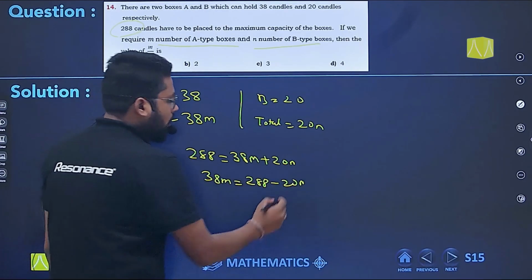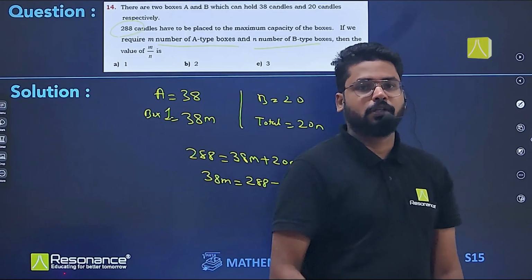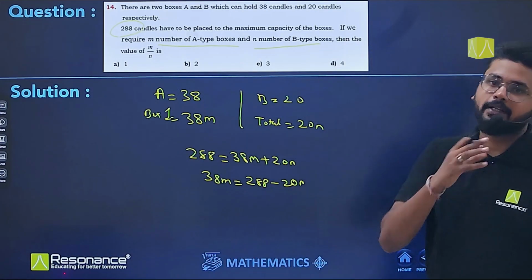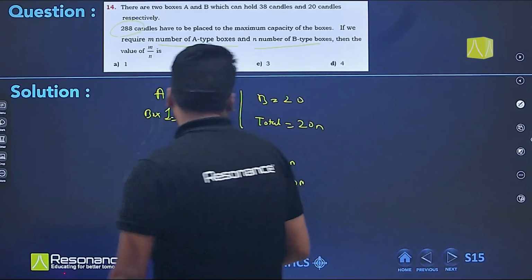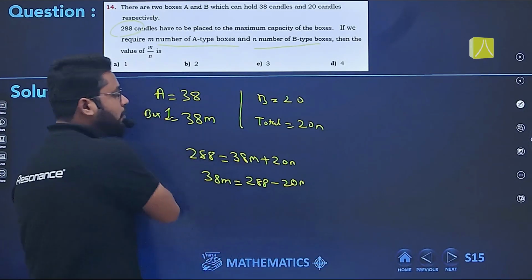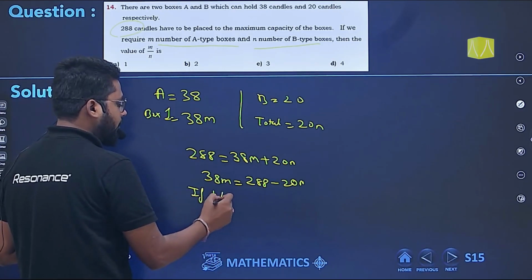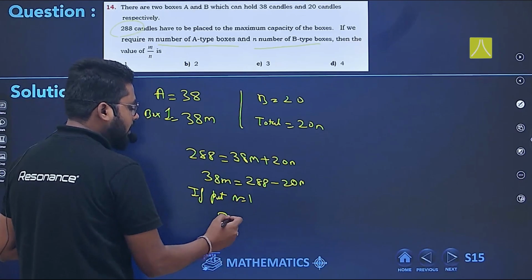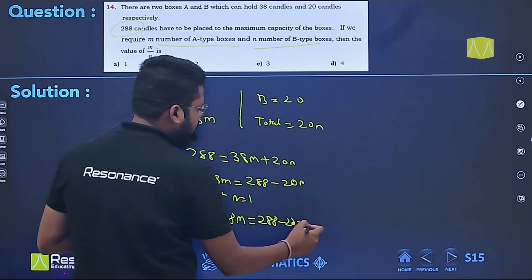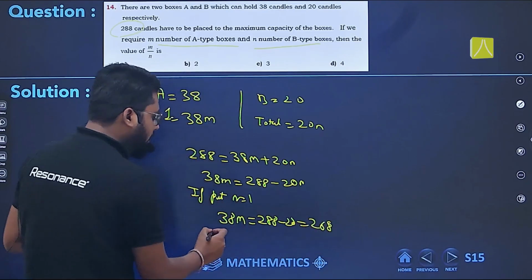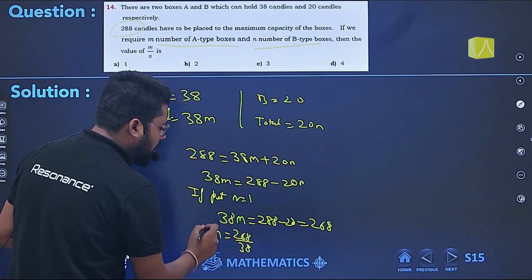Now, because boxes are whole numbers only, counting numbers, it cannot be in decimals or fractions. So if you try the hit and trial method to find the value of n, suppose you put n equals 1, then we'll get 38m as 288 minus 20, so 268. So m will be 268 by 38, and this is not divisible.